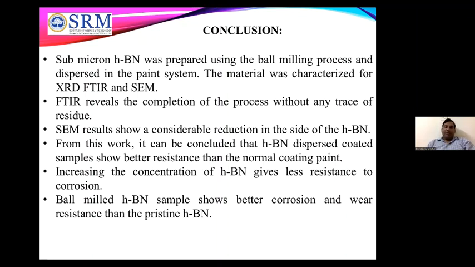But in this case, we found no property change after ball milling. Further, higher concentration gives poor corrosion resistance as well as poor tribological resistance because of high agglomeration of particles due to high surface energy. But lower concentration gives better corrosion resistance as well as tribological resistance. So we can add lower concentration.